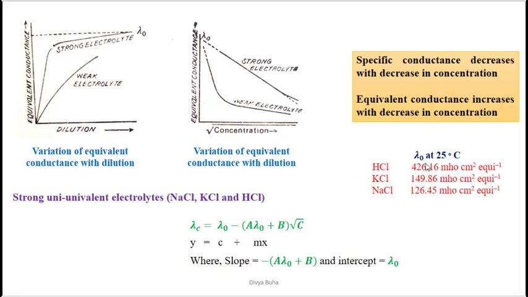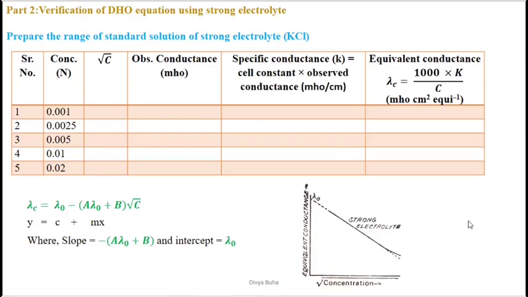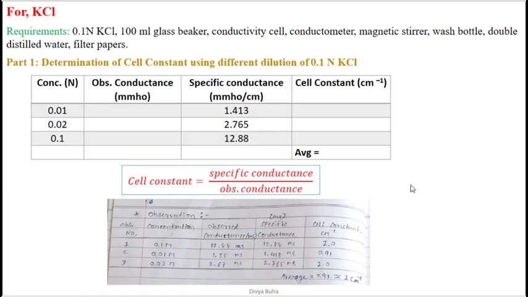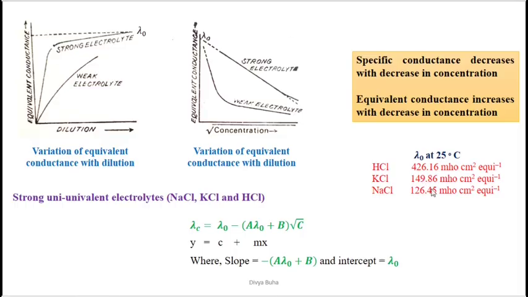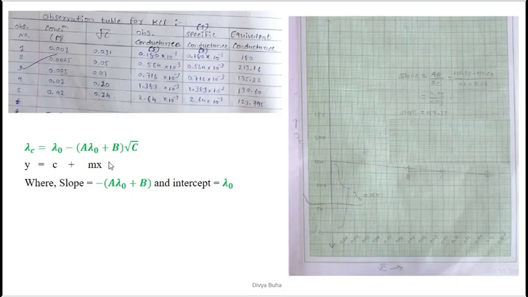Lambda 0 at 25 degrees Celsius for KCl we have obtained to be 150, and it is very near to 149.86. Similarly, you can take HCl and even NaCl in order to obtain these lambda 0 values. Here I have taken KCl, and the lambda 0 which is being obtained is 150.